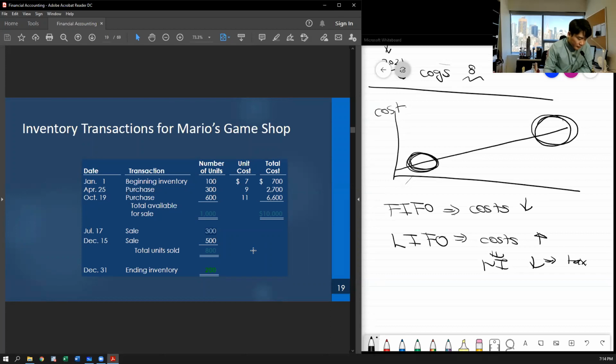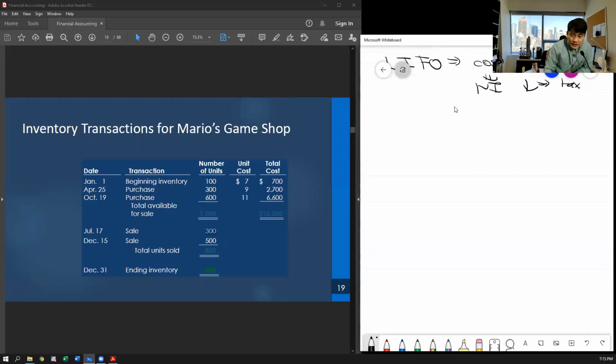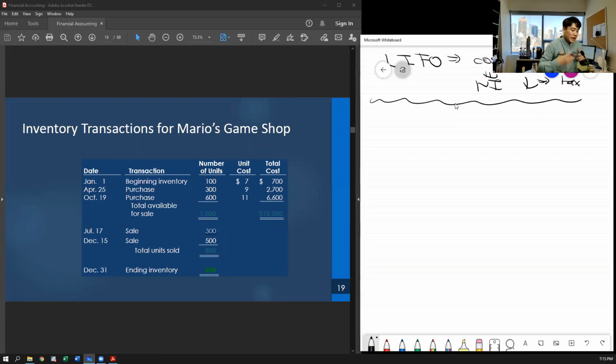Okay. So why don't we do the calculations? From now on, there will be a bunch of calculations, so if you can stay focused for the next 15 minutes, that will be really helpful. Whenever I explain chapter 6 with respect to these transactions or inventories, I always like to use this tower approach.